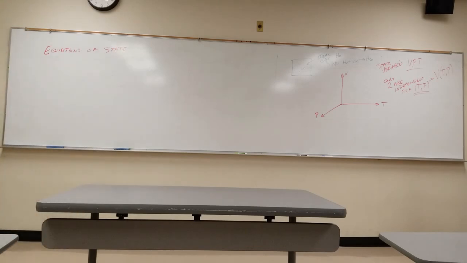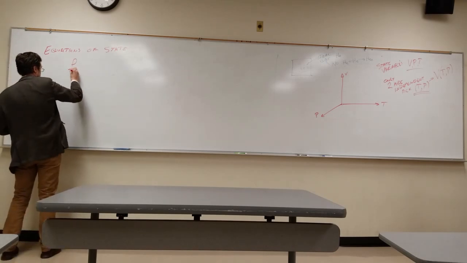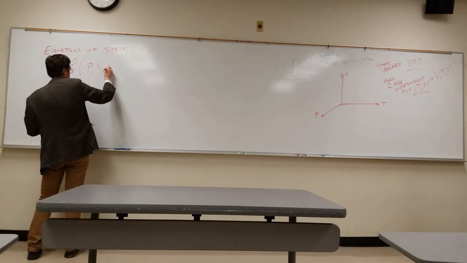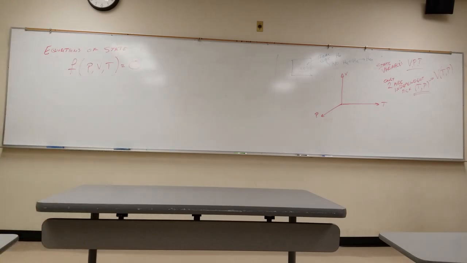And an equation of state is an equation in terms of the state variables that equals 0. So it's some function, in this example, of pressure, volume, temperature, and it's equal to 0. That is an equation of state.